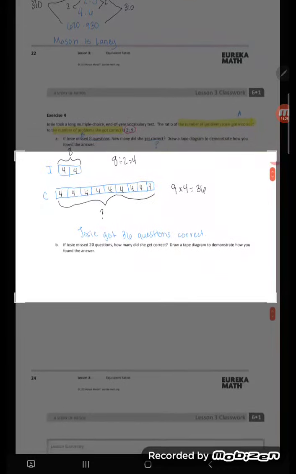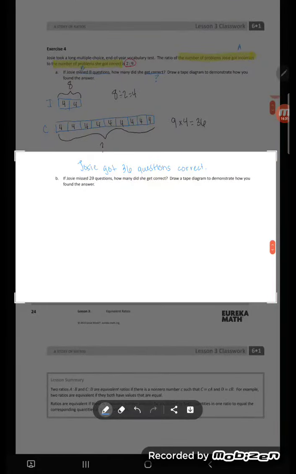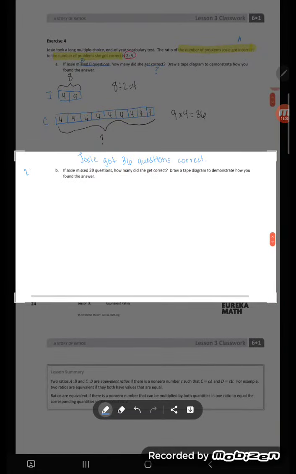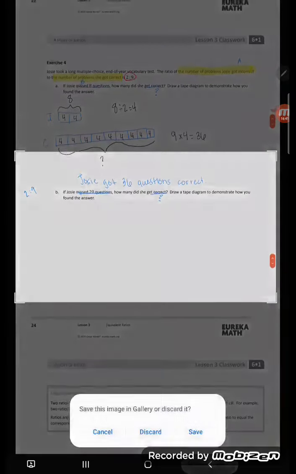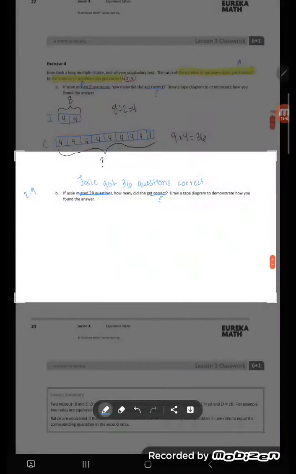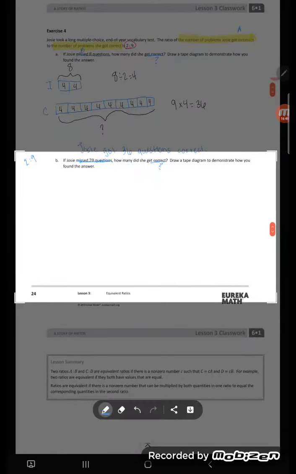So now, using that same 2 to 9, I'm going to write it over here so we don't forget. 2 to 9. We're going to look at if Josie missed 20 questions, how many did she get correct? So drawing that 2 to 9. I'm going to start by writing my I and my C to keep my stuff organized. 2, 4, 6, 8, 9.